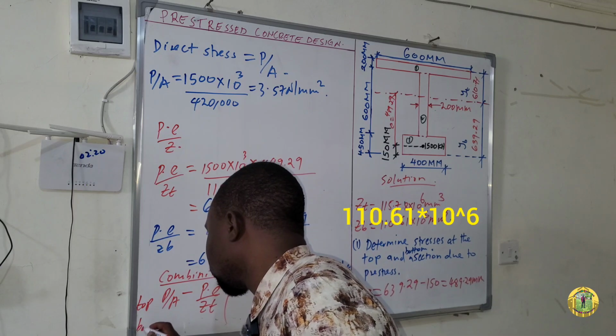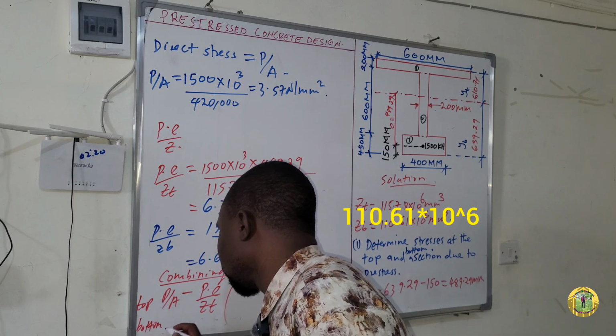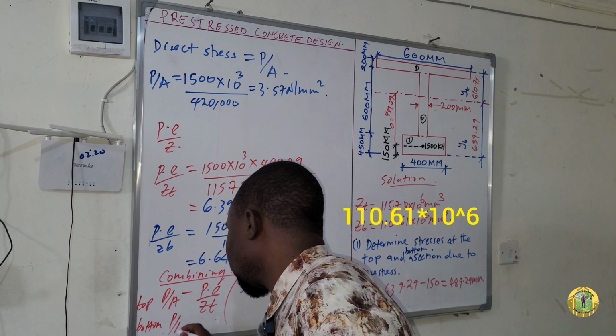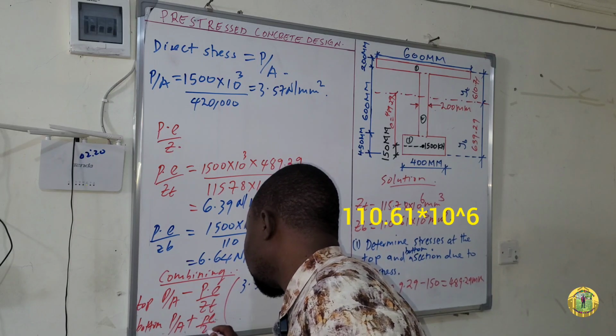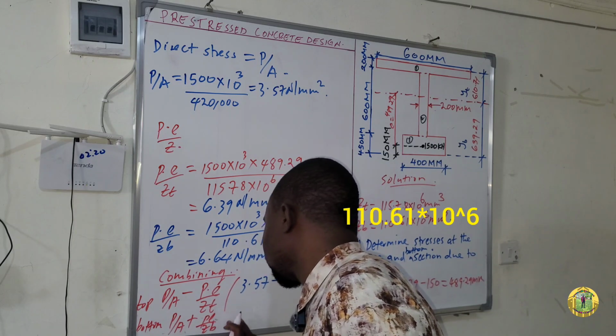And then the bottom. The bottom will be P over A plus PE over Z bottom.